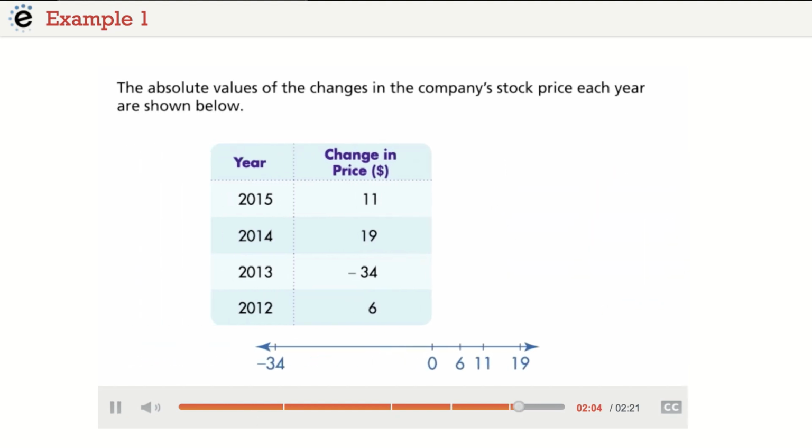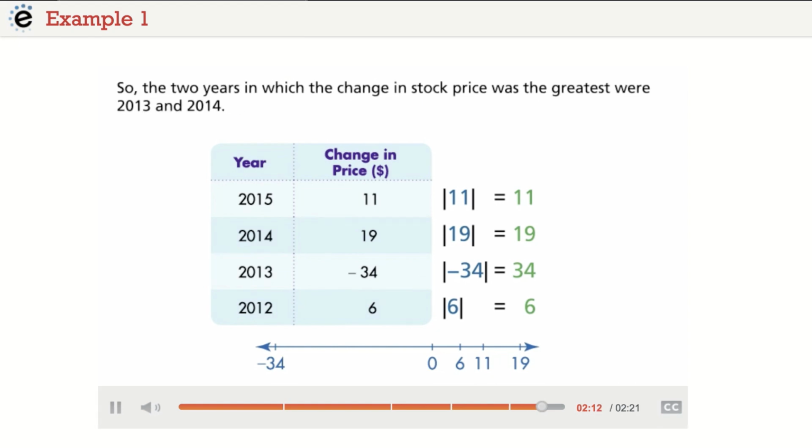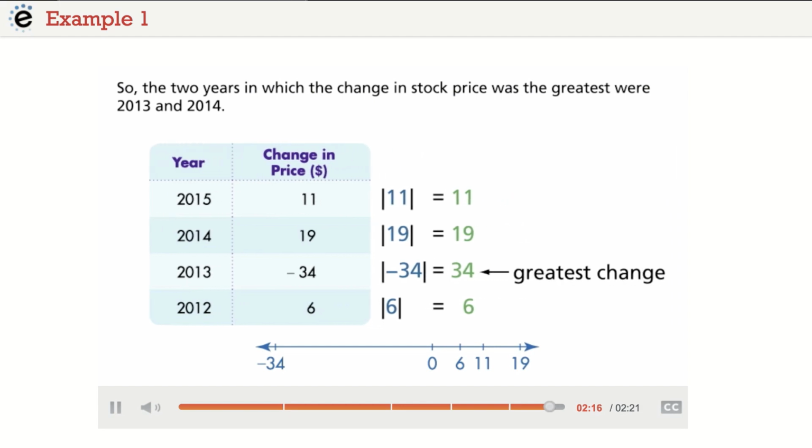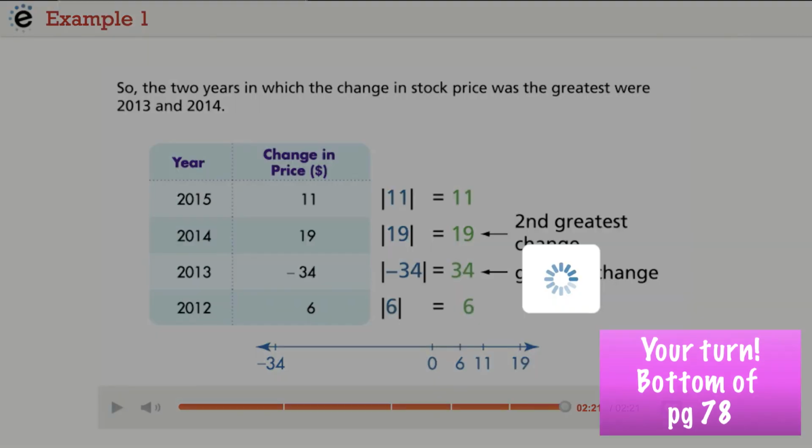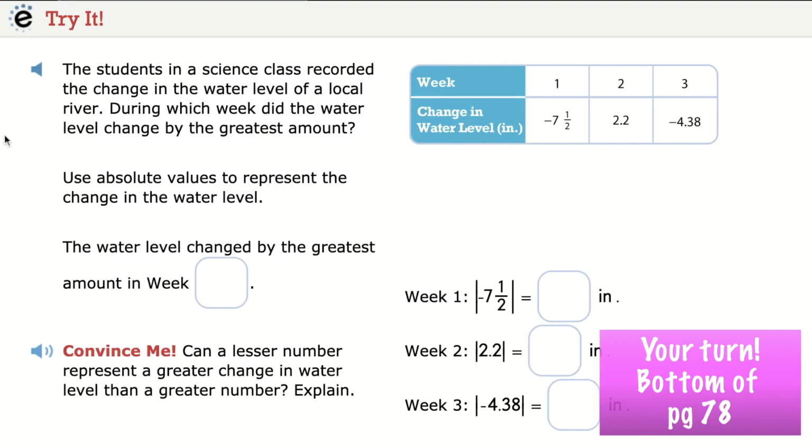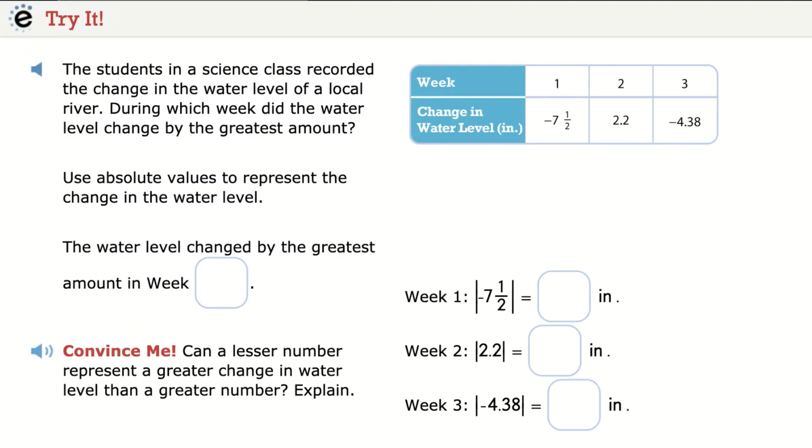The absolute values of the changes in the company's stock price each year are shown below. So the 2 years in which the change in stock price was the greatest were 2013 and 2014. The students in a science class recorded the change in the water level of a local river.